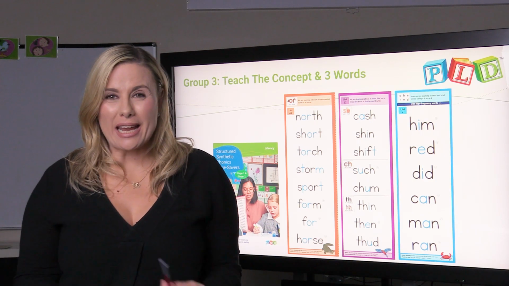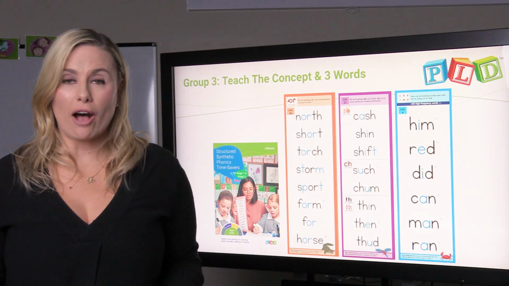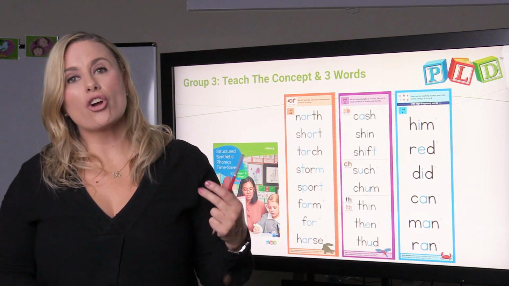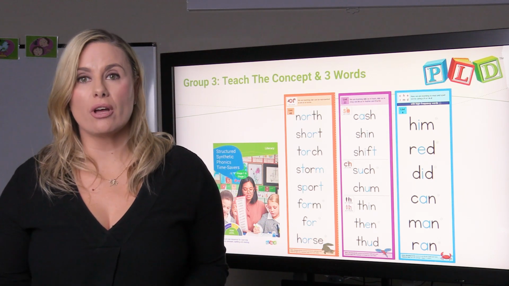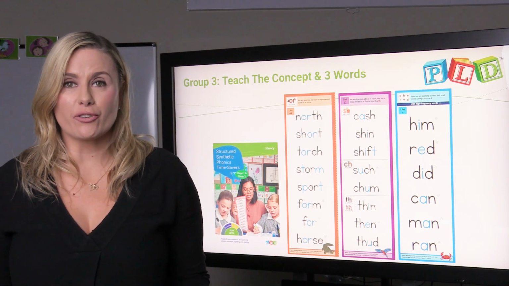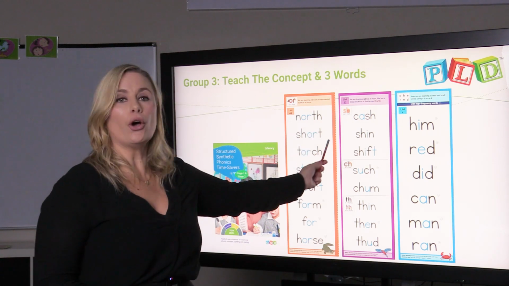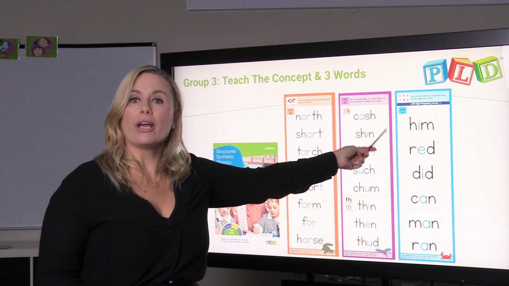Finally, group 3, we have been revising our group 2 alphabet sounds. We've been looking at k, h, e, d. Let's apply those sounds to the first 3 words on our list for this week. We are looking at the word him.